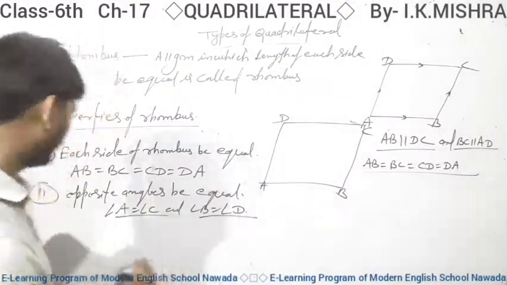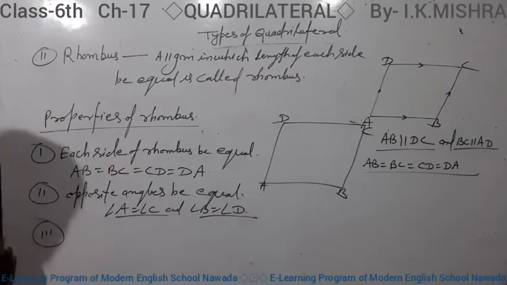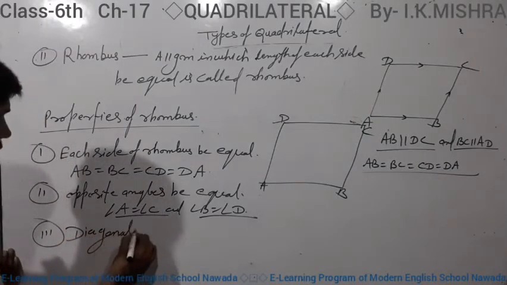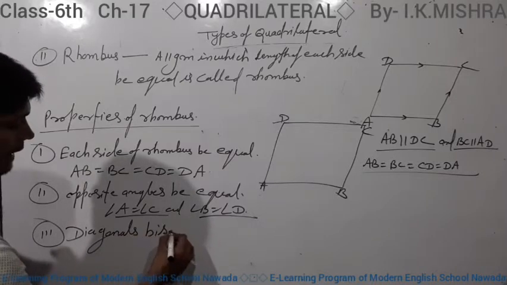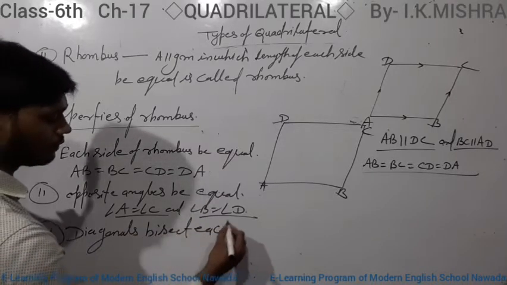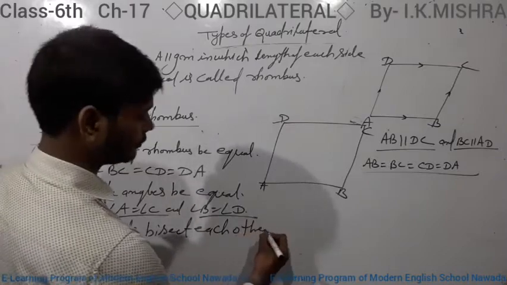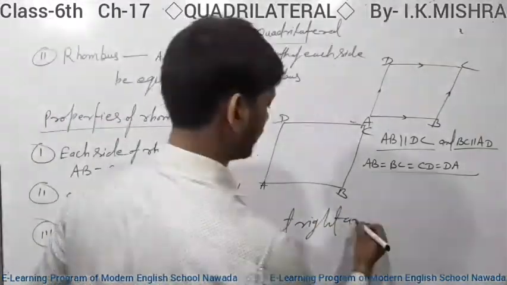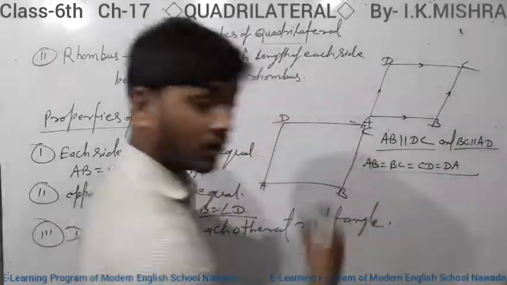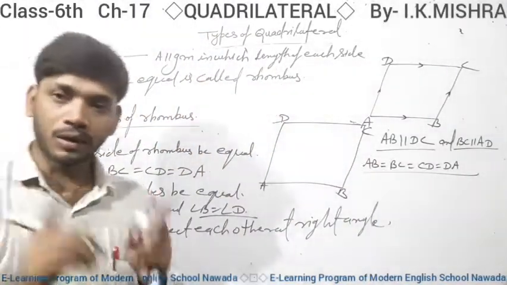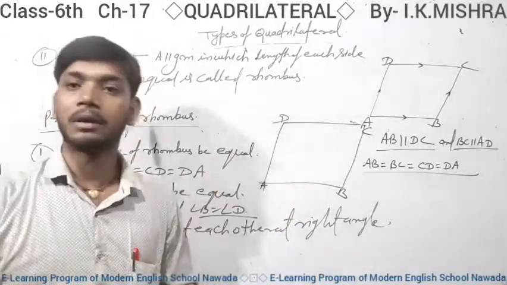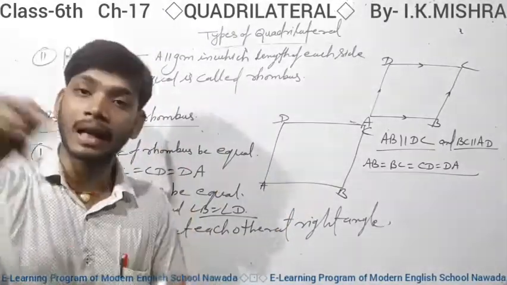And third, diagonals bisect each other at right angle. That means friends, in a parallelogram diagonals only bisect each other, but here diagonals bisect each other at right angle.